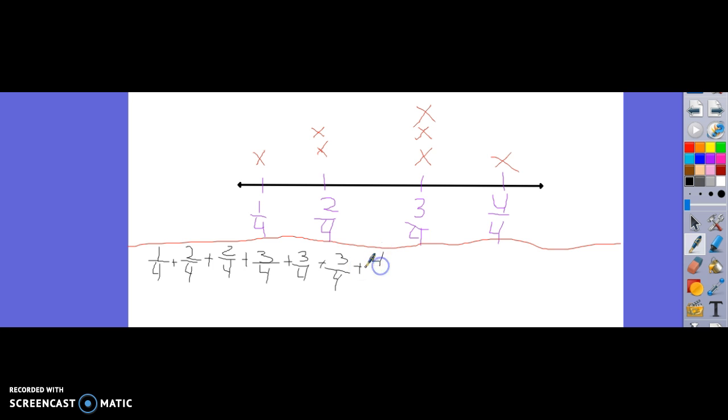Now, what did I tell you about what to do if your denominator is the same? You can just leave it as is. You don't need to touch it. But what do you need to add? The numerators. So let's go ahead. 2 plus 1 is 3. 2 plus 3 is 5.